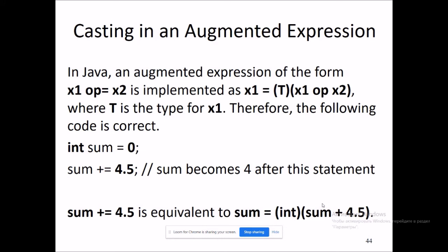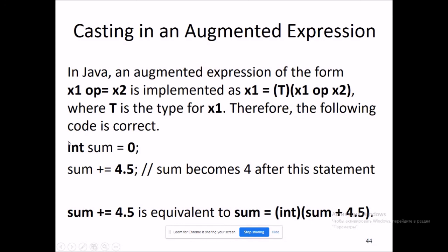And this is the last part, which is about augmented expressions. For example, if we have x1 some kind of operation equal to x2, it is implemented as x1 equals type of x1, and in the parentheses we write the operation between these two variables, where t is the type of x1.